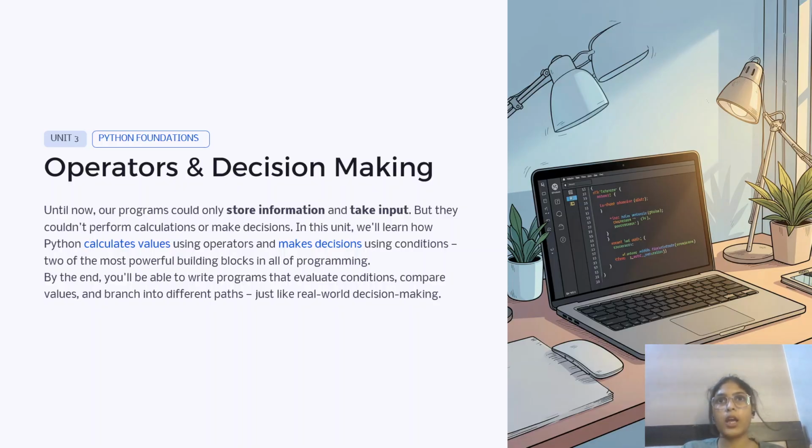Or consider eligibility: if I talk about the voting criteria in a country, in India for example, only a person above 18 can vote. Before that, you will not get your voter ID card, right? So how do you know whether a person is eligible to vote or not?